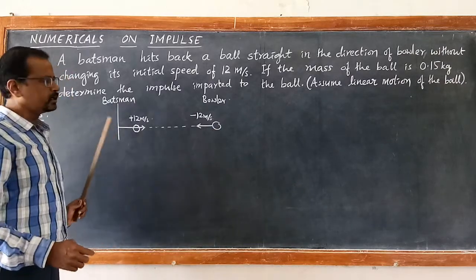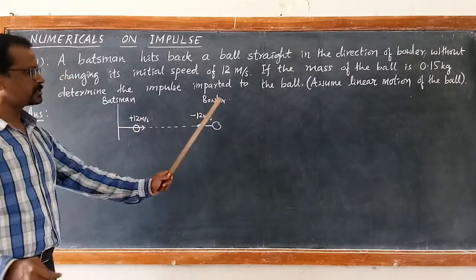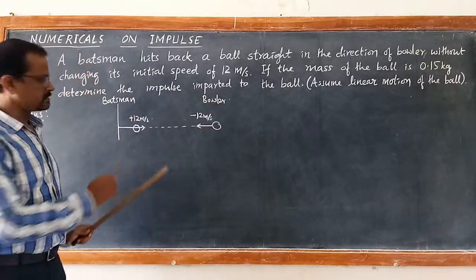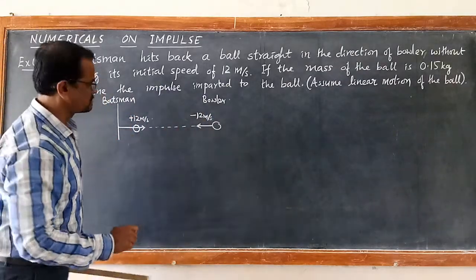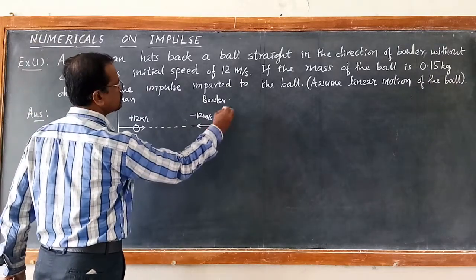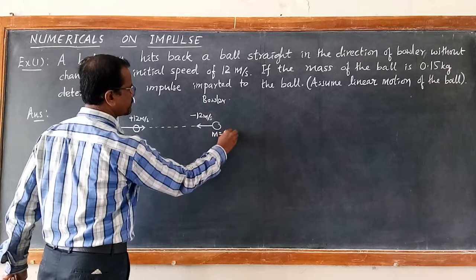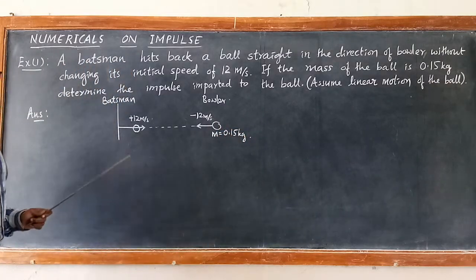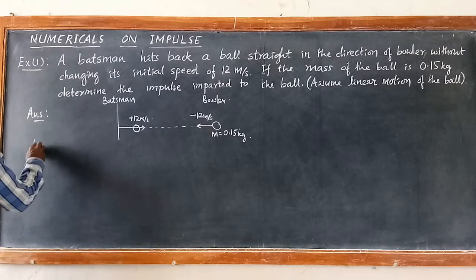After hitting the bat, it goes towards the right side, in the direction of the bowler. So it should be plus, since it is along the positive x-axis. Mass of the ball is given, mass is 0.15 kg. So using this data we can calculate impulse.